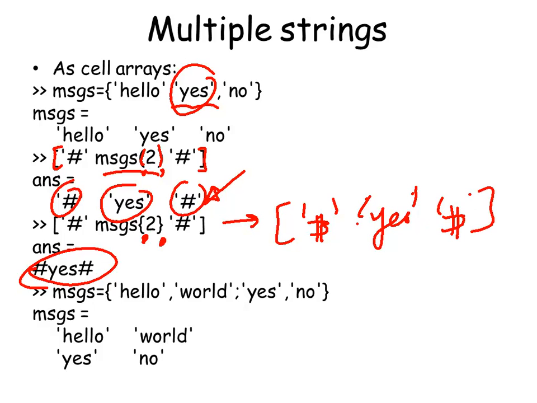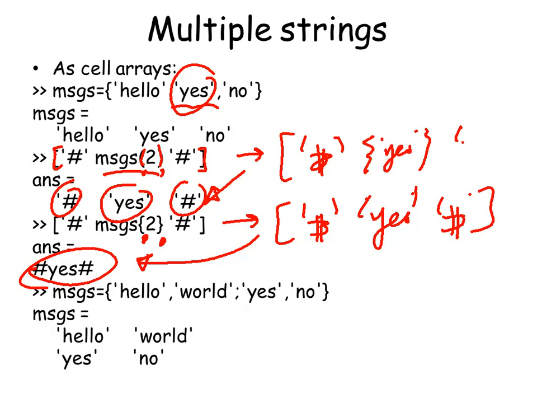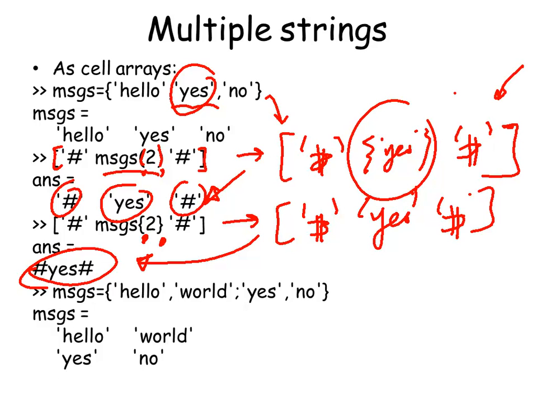And these character strings will be concatenated to generate a single string. And this example will give you this, pound sign, cell yes, and then another pound sign. Because you have a cell, the concatenation with the other elements will give you a new cell array. Okay?